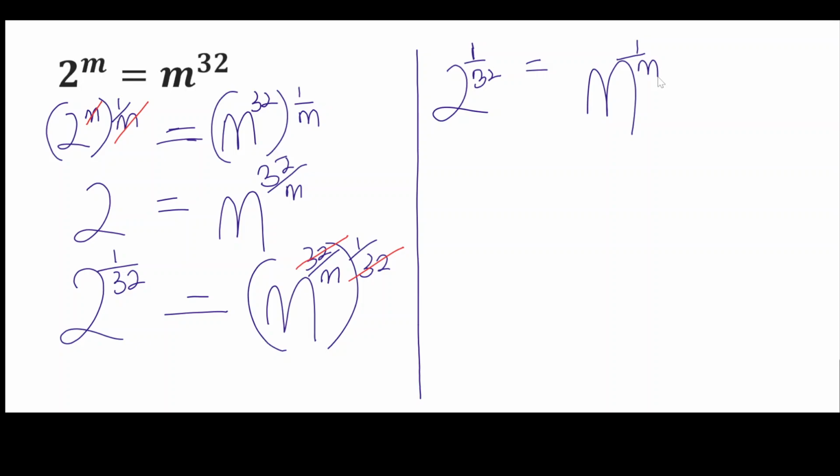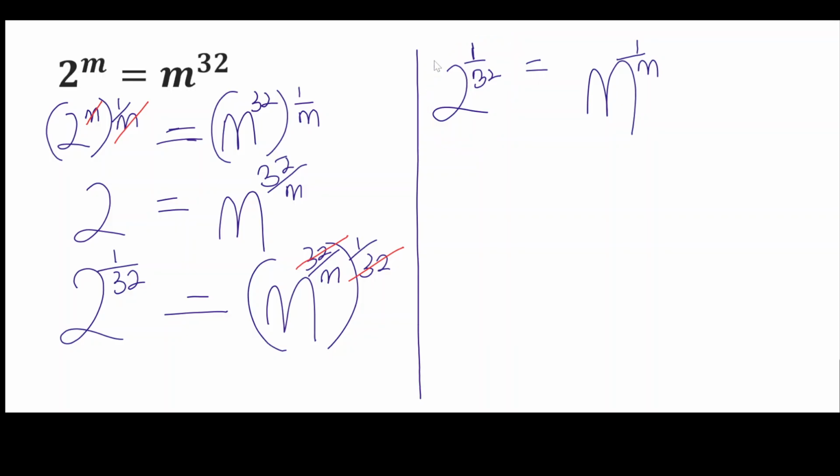Now the question is, how do we get the value of m? What we can do to get the value of m is to find a means to simplify 2 to the power of 1 over 32. And that's what we're going to be doing now.